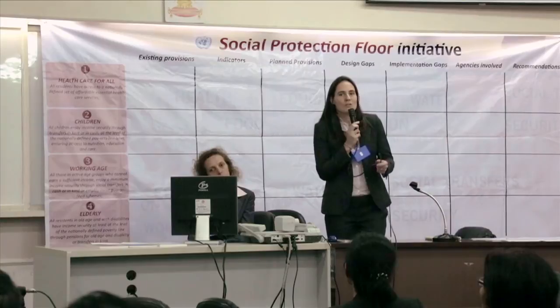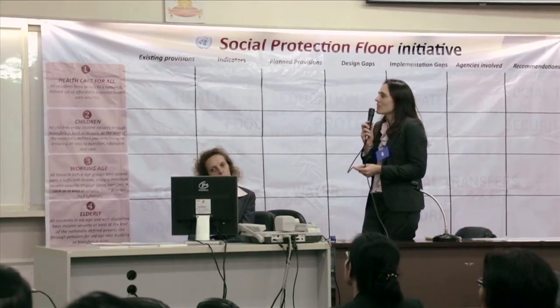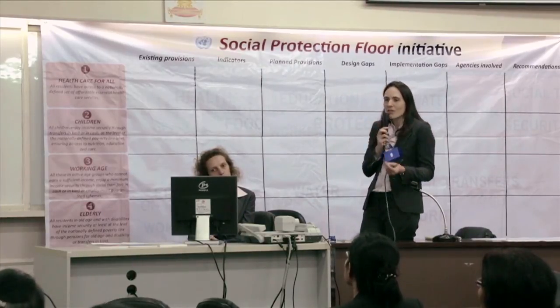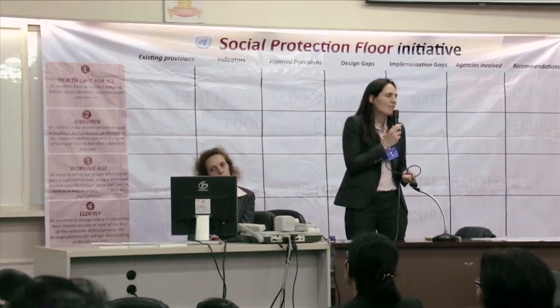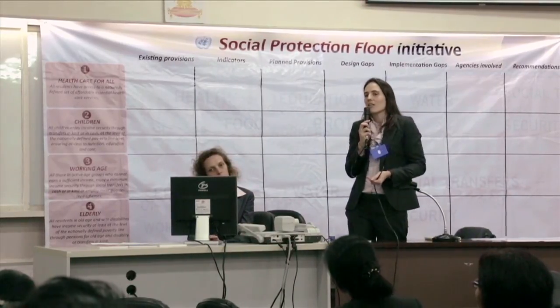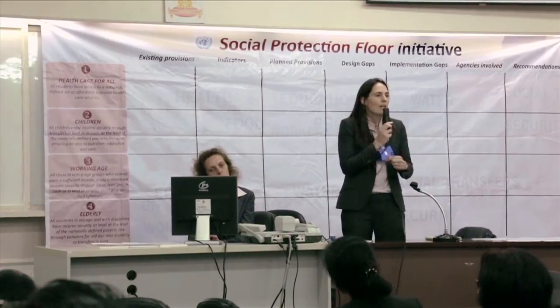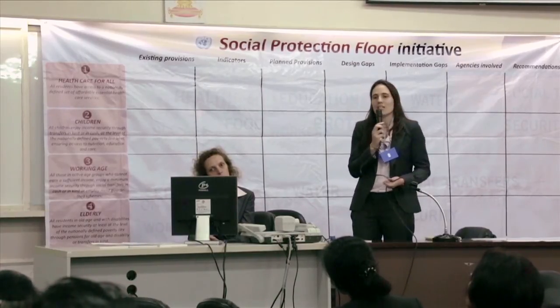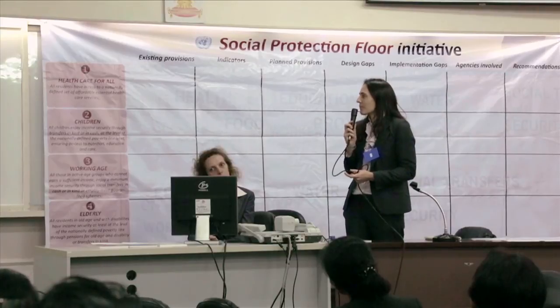This is what we call social insurance. But the social protection floor reinforced this idea of universality, which will also focus on informal economy workers, where you don't have this contractual relationship with one employer.